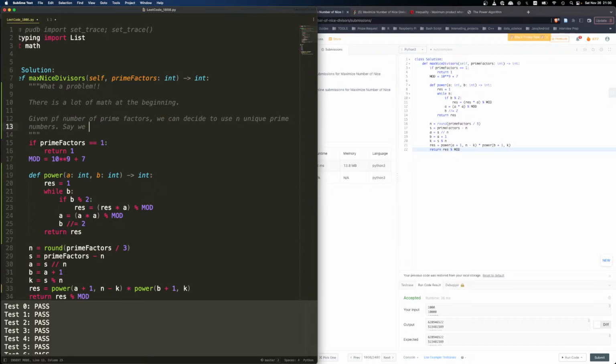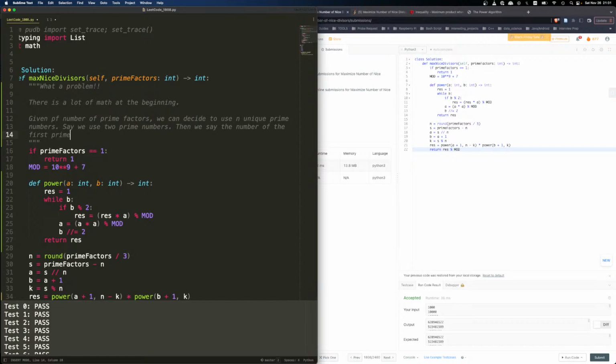Say we use 2 prime numbers. Say the number of the first prime number is a, and the number of the second prime number is b.